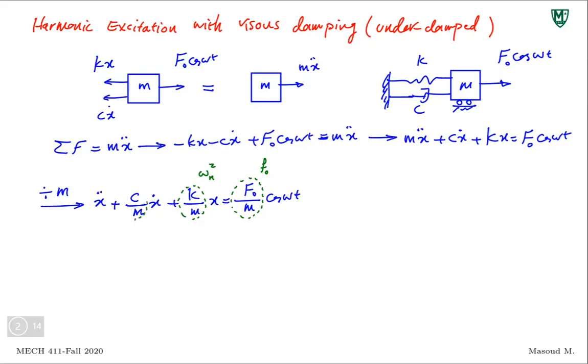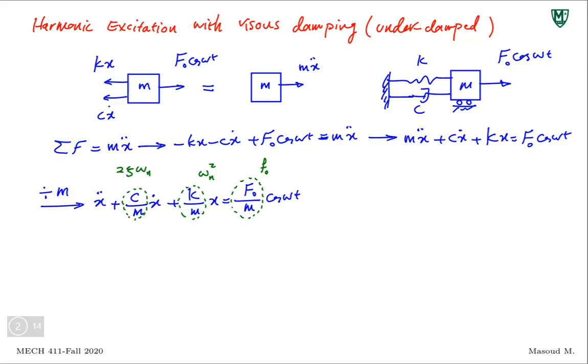C over m is a new term. I'll just give you the way you can write it: 2 zeta omega n. Zeta is c over c critical, where c critical is 2m omega n. Feel free to plug that in, find c over m, and see that you can write it as 2 zeta omega n.